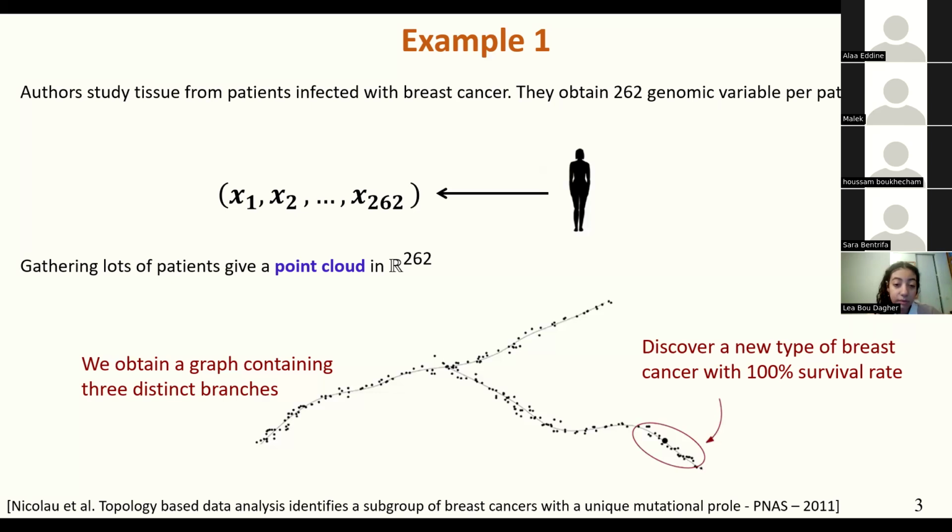By analyzing the shape of this huge point cloud in a high dimensional space, they discovered a new type of breast cancer, and further analysis was done to discover this type of cancer. Earlier recognition of this type of cancer could lead to a survival of 100%.